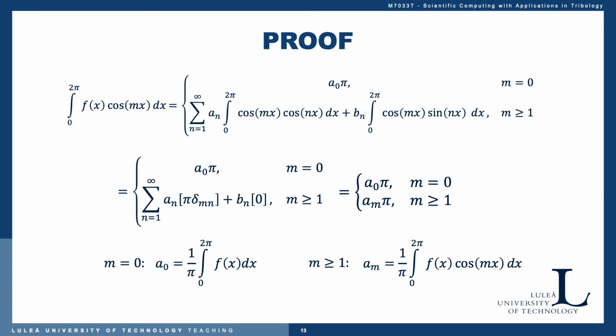And of course, now when we switch back, insert into the Fourier series, we can interchange m and n, and then we have obtained precisely the series for the function f of x. It's now your exercise to show that bm can be obtained in a similar manner.